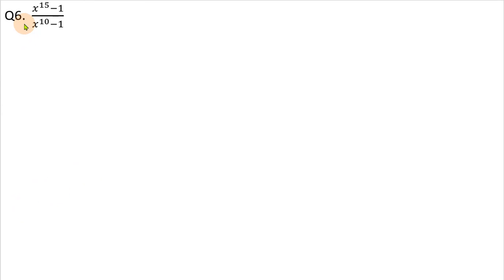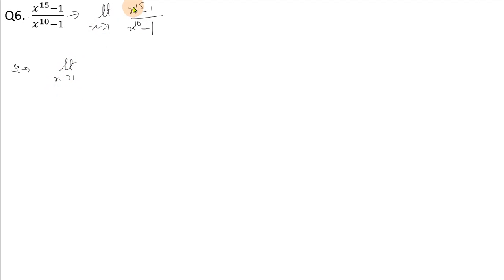So next question, here we have evaluate the limit x approaches 1, x power 15 minus 1 upon x power 10 minus 1. So how do we solve it? Limit x approaches 1.